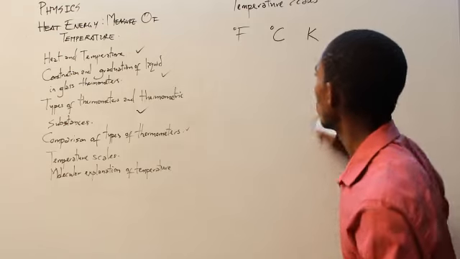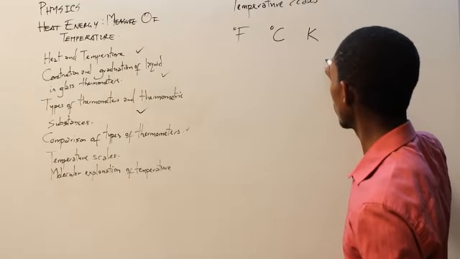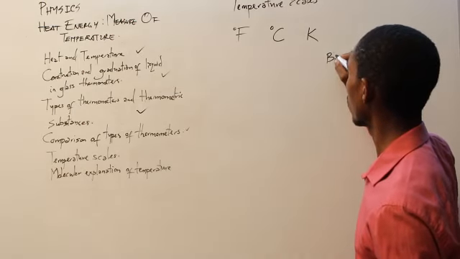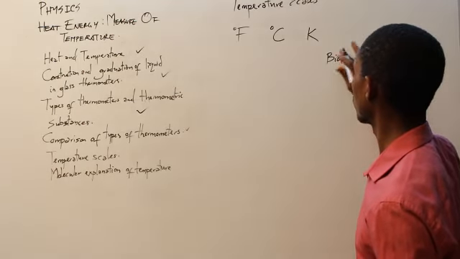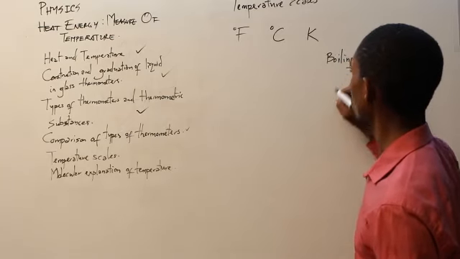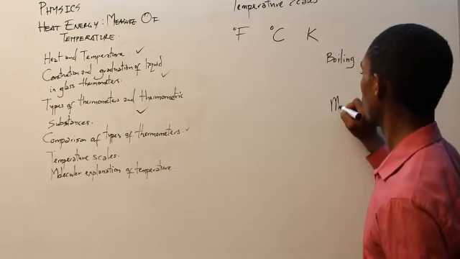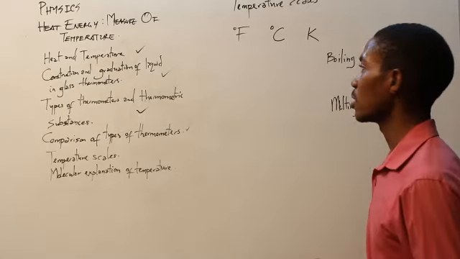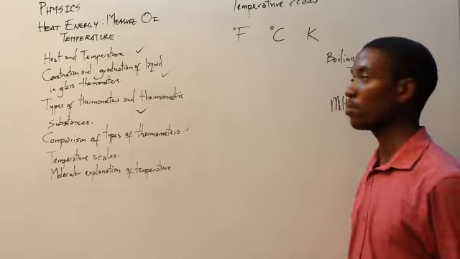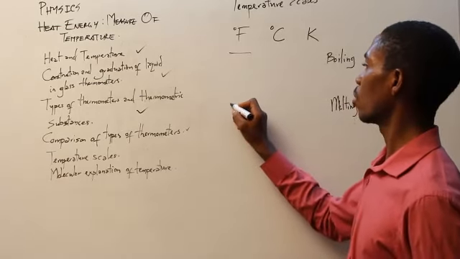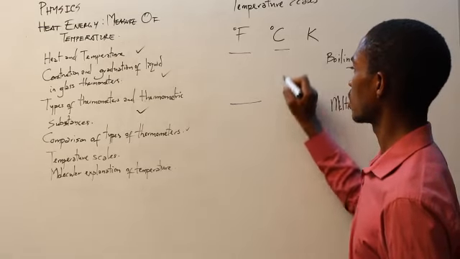So the boiling point of water and the melting point of ice. These are the two extreme temperatures that we use in the design of our systems.